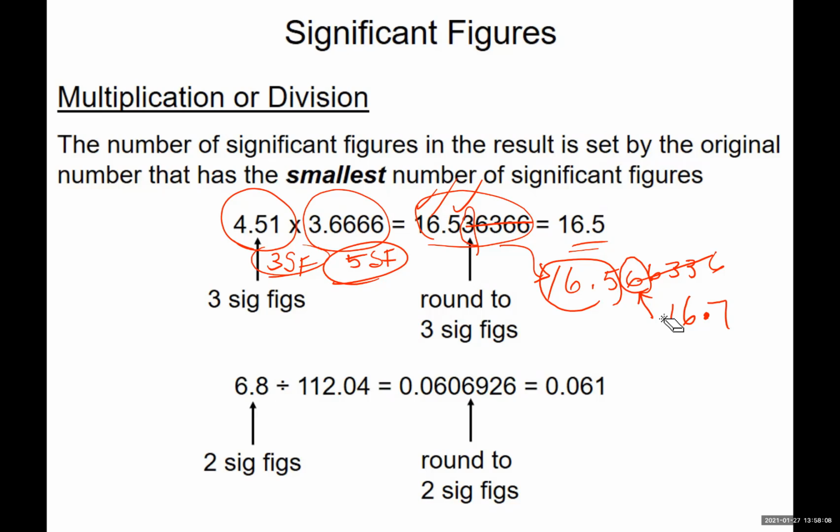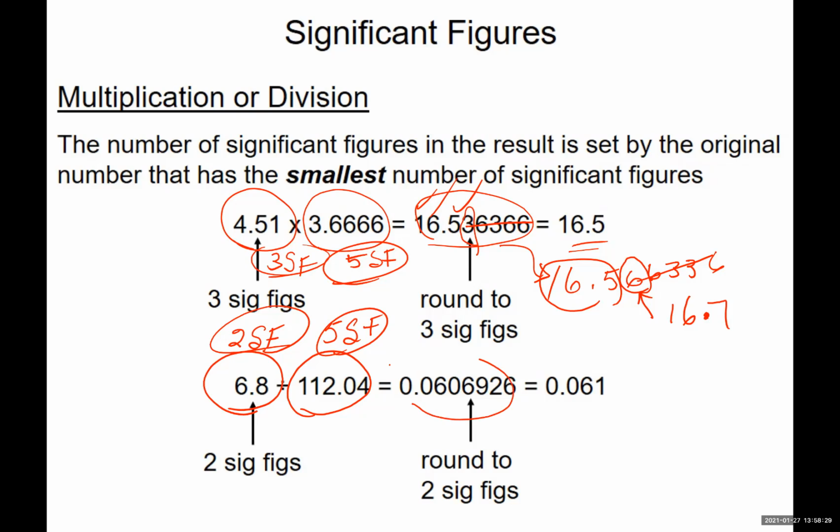Let me correct myself. So can I say your division is just like multiplication? How many significant figures here? 2. How many significant figures here? 5. The answer must have minimum. So I must have, this is the result the calculator shows you.